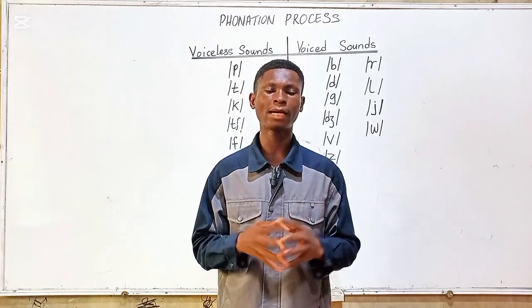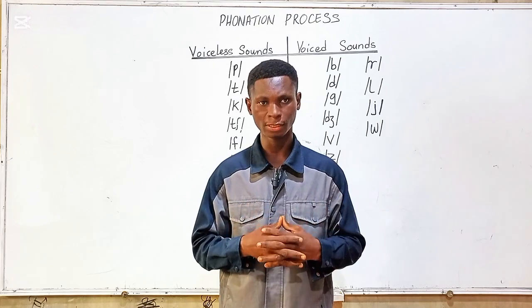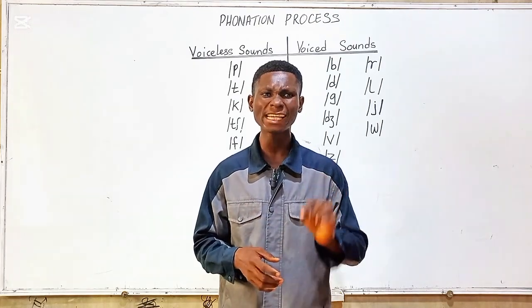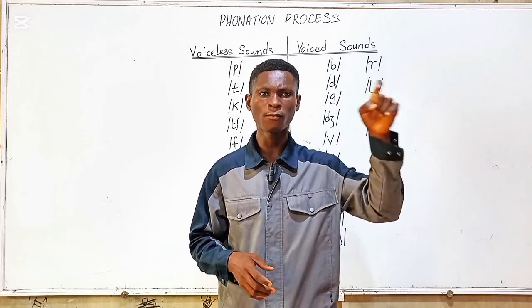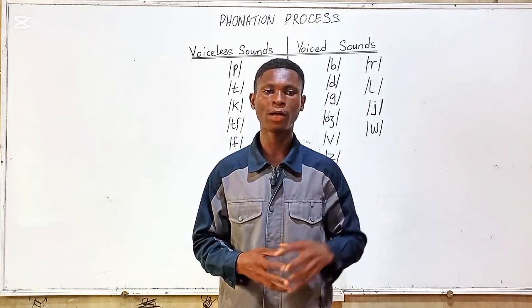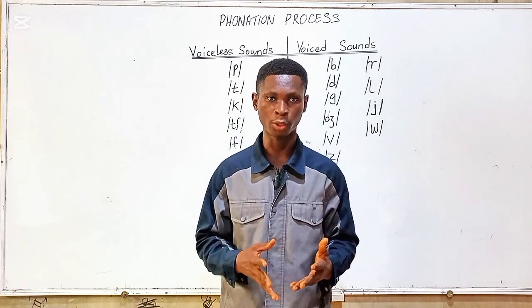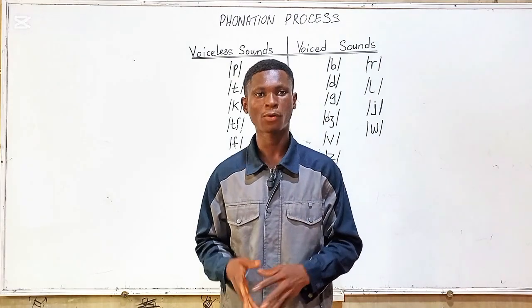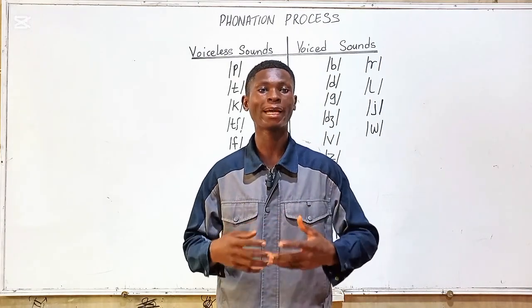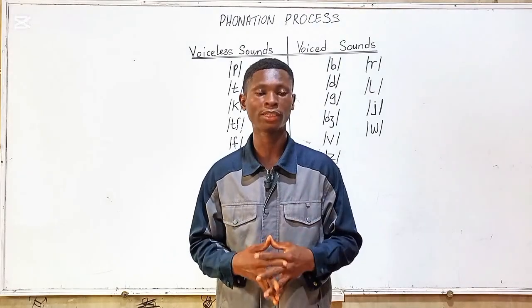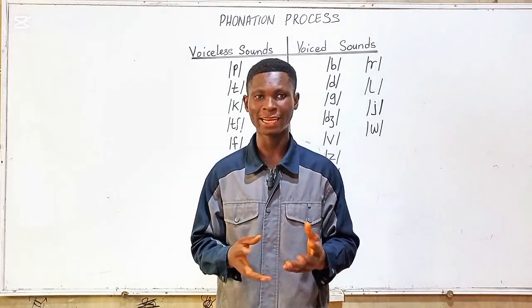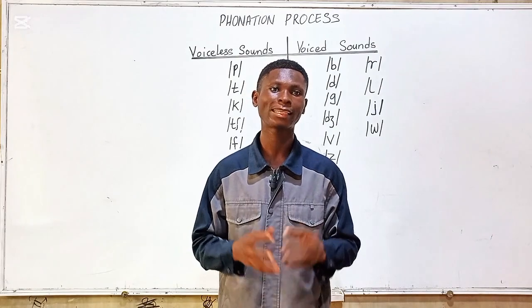Remember, all the 44 sounds of English language include 20 vowel sounds. In other words, all the vowel sounds are voiced. But for consonant sounds, we have those ones you can articulate without vibration in your throat, and they are known as voiceless consonant sounds.